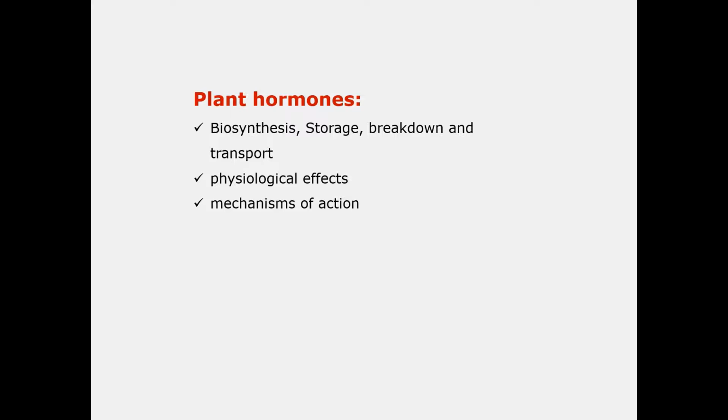Otherwise you will get confused with that one. Okay, and try to remember biosynthesis of different plant hormones, pathway of synthesis, function and inhibitors. In the case of auxin, auxin transport is important. The biosynthesis is important.